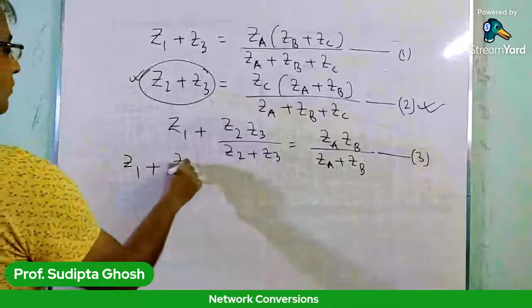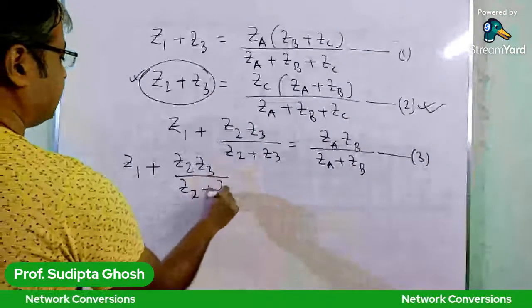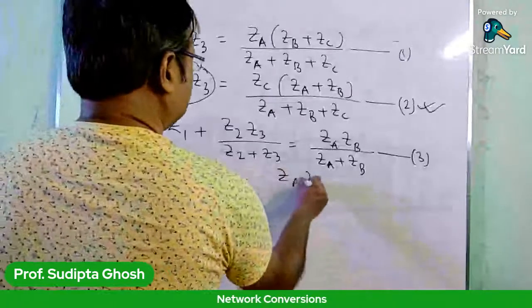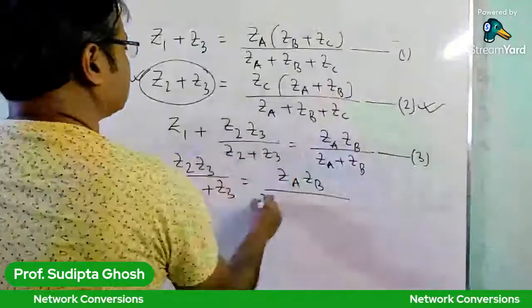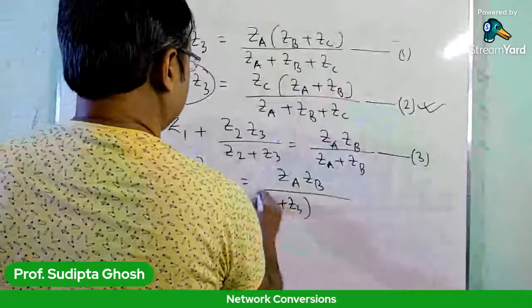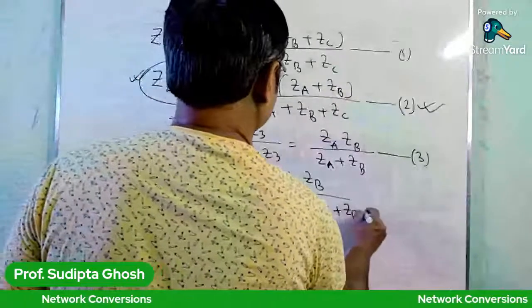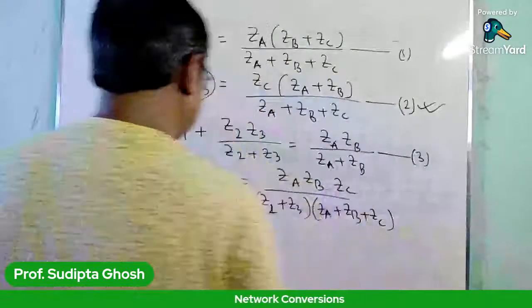So what will we have? Z1 plus Z2 Z3 by Z2 plus Z3, and on the right hand side it will be ZA ZB divided by ZA plus ZB, that is Z2 plus Z3 into ZA plus ZB plus ZC whole divided by ZC. So ZC will be here.